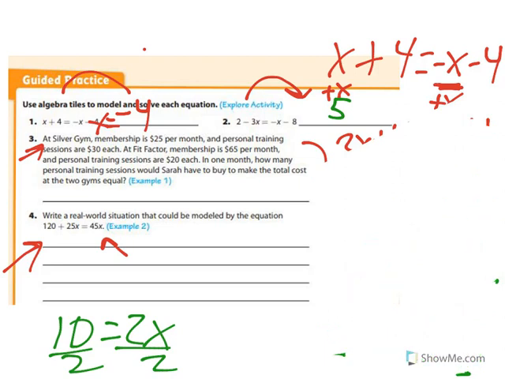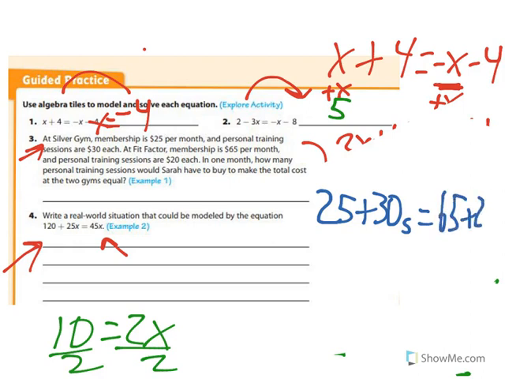All right, so our two gym examples. So we have $25 a month, $30 a session for a session equals this one, it's $65 a month, and this one is $20 for the session. So let's put the two equal to one another, right? So I have 30s over here, and so I want to keep that positive, so I'm going to move this one over.